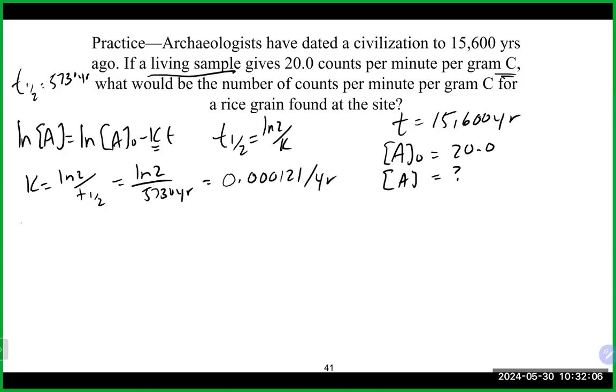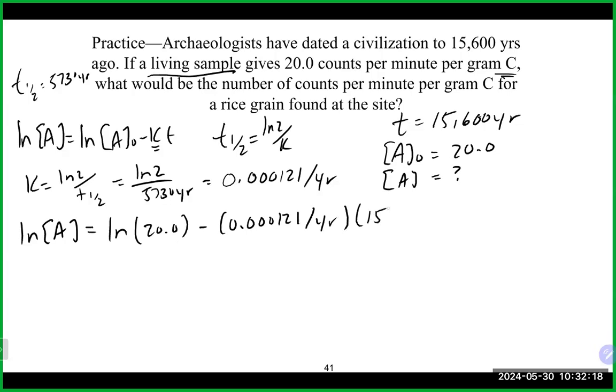So put it in there: natural log of A equals natural log of our initial, which is 20, minus our decay constant, and here our time is 15,600 years. Once again, we've got years and years, so we're okay in terms of units. You always want to make sure that those are both the same units, so everything works out correctly.